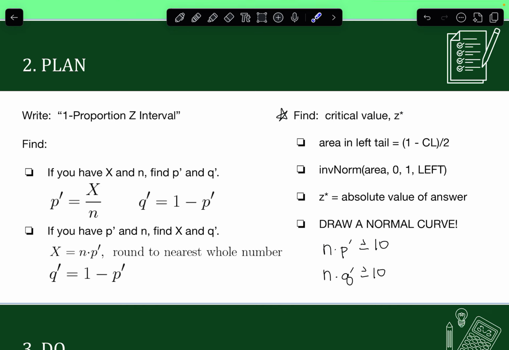It is safe to assume for most questions, particularly in your textbook, that this has been met. On your test, you may be asked about it. This condition should be true. So once you've stated what you're doing, you've found those related values, and you've done your check if you've been asked to, we're ready to go on to the do.